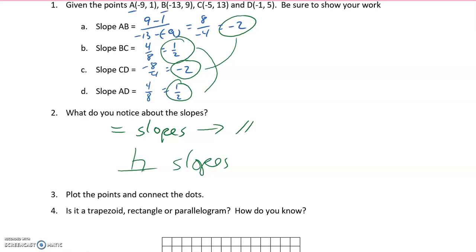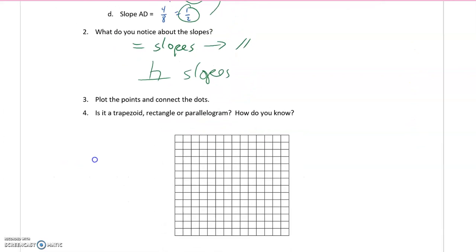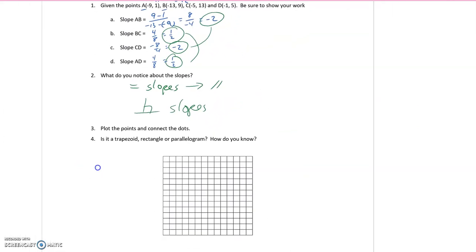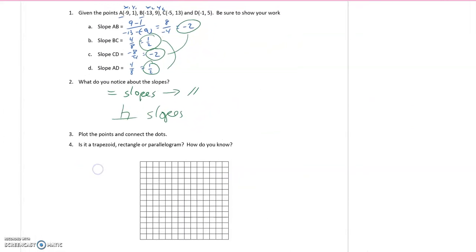Okay, so now we're supposed to plot the points and connect the dots. So we have a little coordinate system down here we're going to use. We'll make this a little bit smaller so we can see everything. There we go. I'll lay out my coordinate system, and then we will look at what those points are when they're actually plotted.